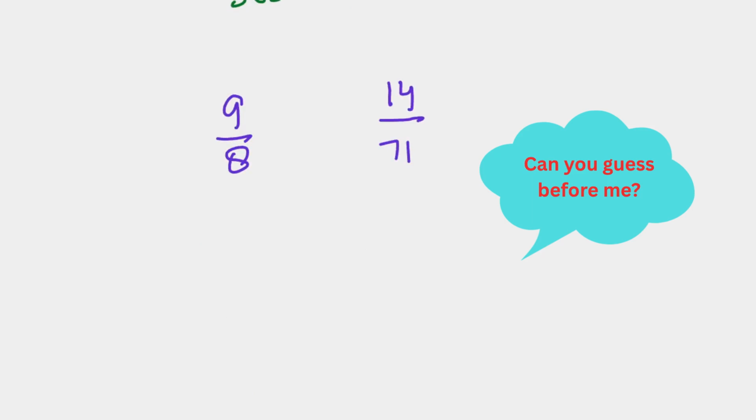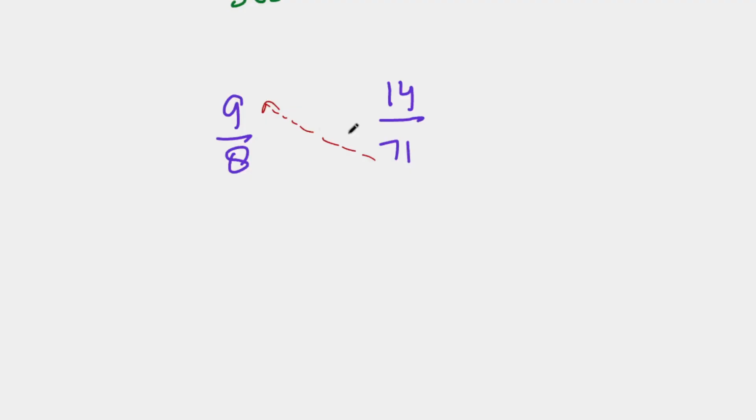When we have unlike fractions, we multiply the numerator of the first fraction with the denominator of the second fraction. So 71 multiplied by 9, what do we get? 639. We write it on top of the numerator we are multiplying with. 8 times 14 gives us 112.